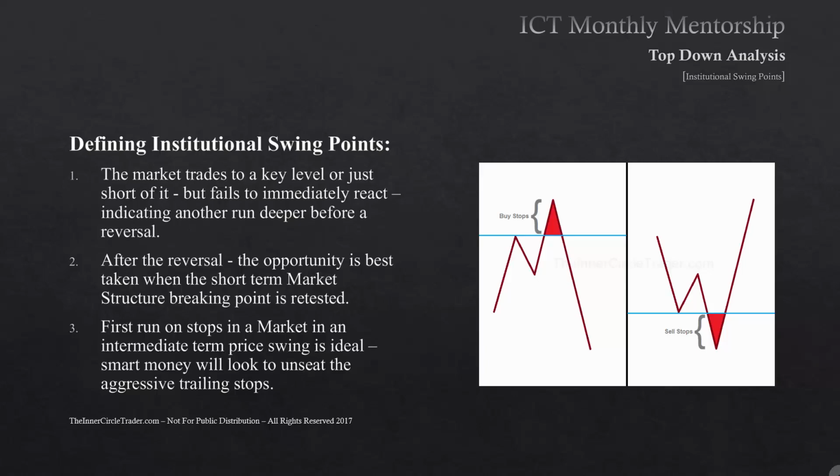What makes them scary is the fact that the number one question I get about them is, how do you know if you're going to see it reverse if you sell above the previous high? And that comes by experience with trusting the institutional reference points that we taught in September and then throughout all the free tutorials: order blocks, breakers, mitigation blocks, liquidity voids, and now you've learned fair value gaps.